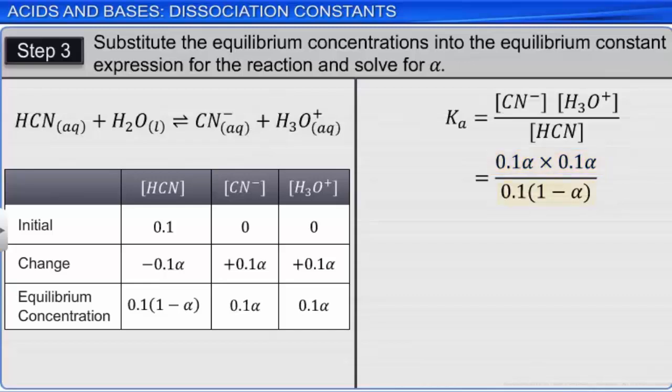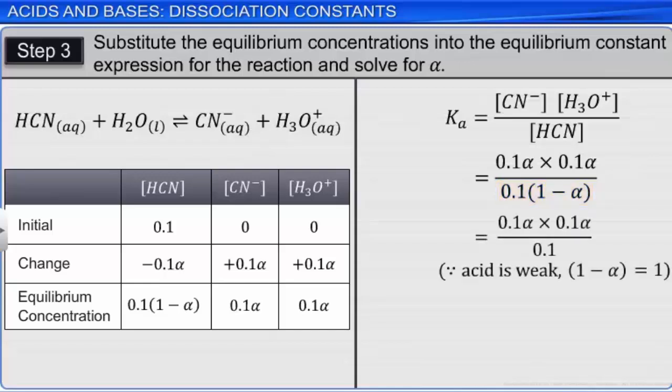As hydrocyanic acid is a weak acid, it undergoes dissociation to a very little extent, and hence the value of alpha is very small. Thus, 1 minus alpha can be taken as 1. Thus, Ka becomes equal to 0.1 alpha square.